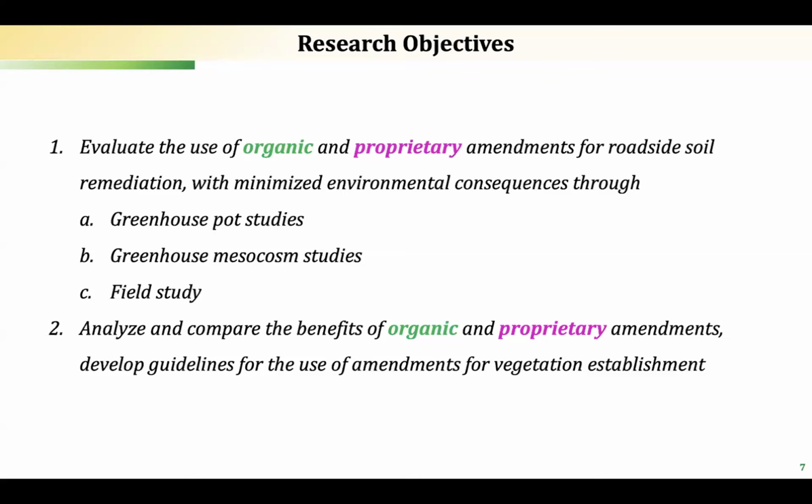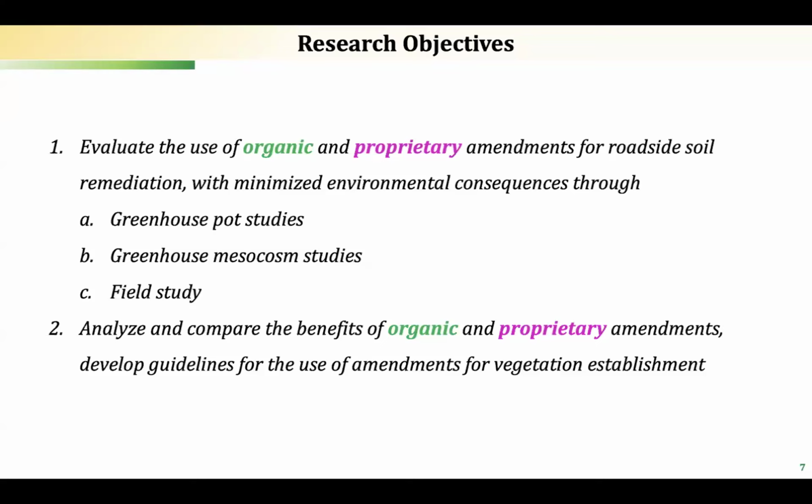And we have conducted greenhouse pot studies, where we tested approximately 300 pots, 150 at each institution, with different rate mixes of compost and proprietary amendments with 4 different types of soils.